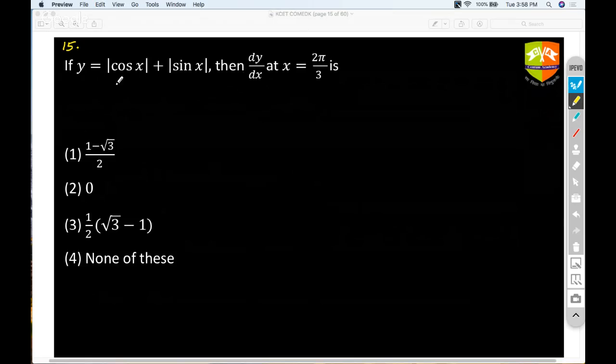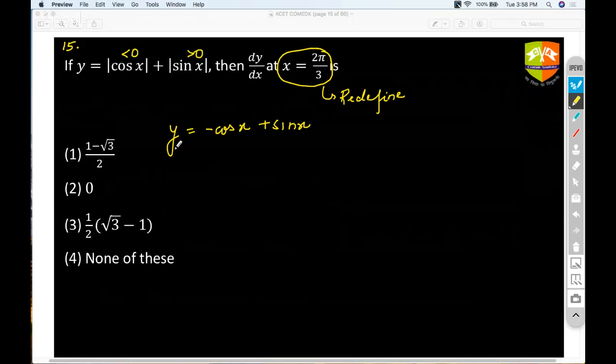So guys, whenever you are met with such a situation where you have a mod function, always see where you are actually performing the derivative. This will help us to redefine the function. So at 2 pi by 3, you know that cos is going to be negative, right? So in the neighborhood of 2 pi by 3, this function is going to behave as negative cos x plus sin x, because cos is a negative quantity there and sin is a positive quantity here.